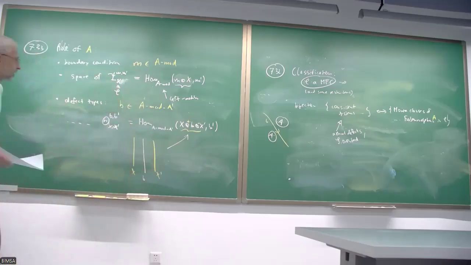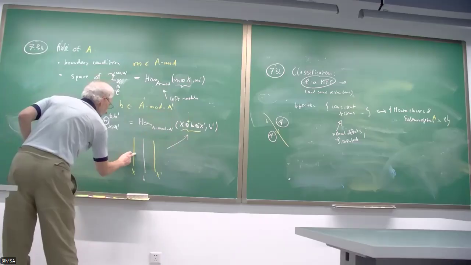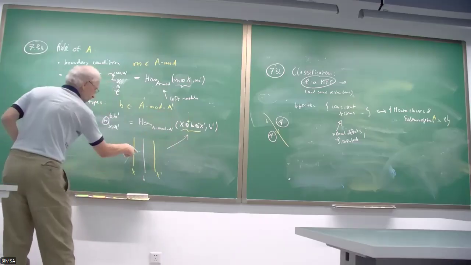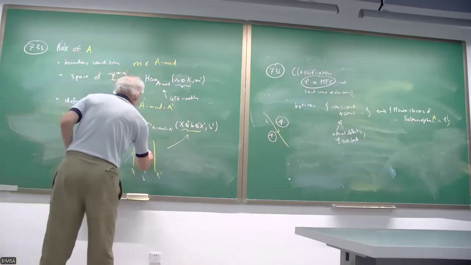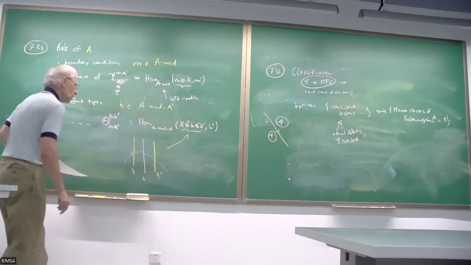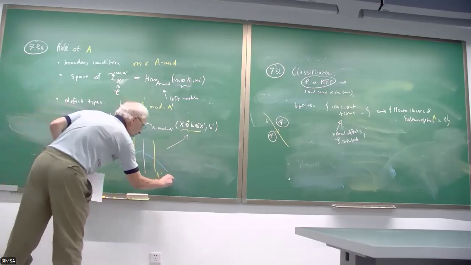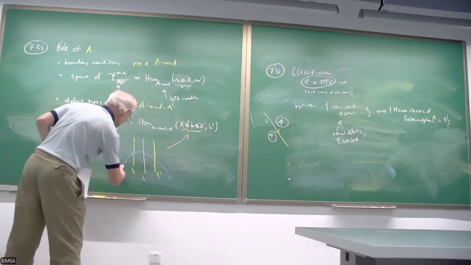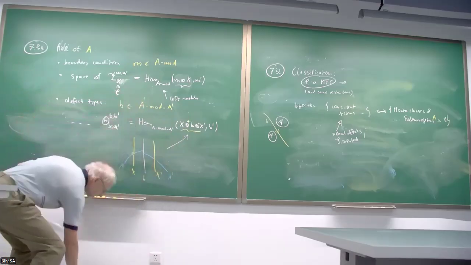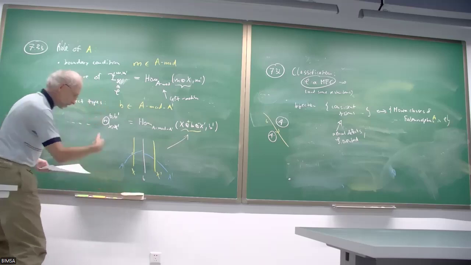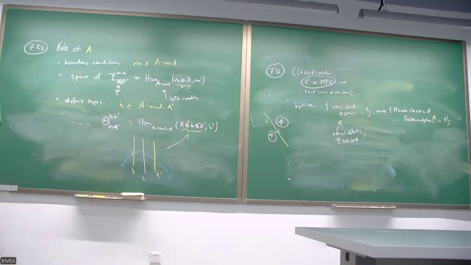Then I say that the left action of A on this is given by using the braiding, and the right action of A prime is given by using the inverse braiding. And this turns out to be the right thing to do.